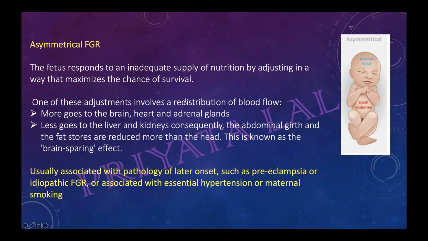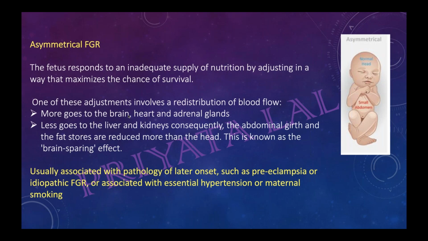In this kind of FGR, the body tries to adjust, maximizing its chances of survival. Because of this adjustment, there is a redistribution of blood flow, so more blood flow goes to the vital organs of the baby: the brain, heart, and adrenal gland, and less blood goes to the liver and kidney.